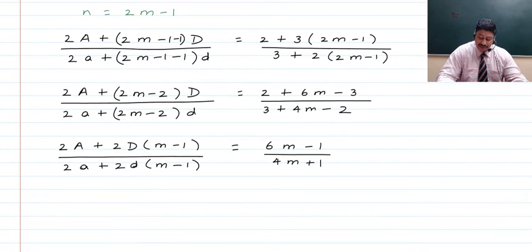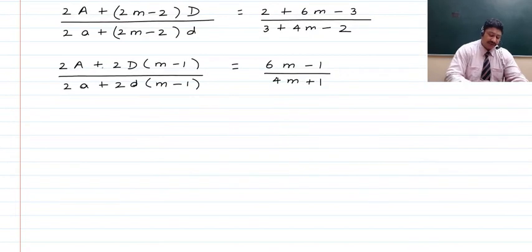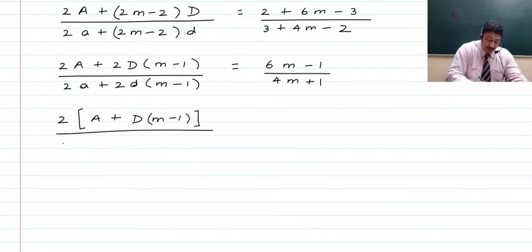So further now guys, we find that in the binomial on the left hand side, in both the terms we have 2 common, so we can take that 2 common outside, and inside then we will be left with capital A plus d times of m minus 1, right? And in the denominator we have 2 times of a plus d times of m minus 1, right?